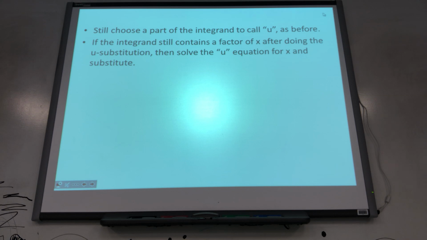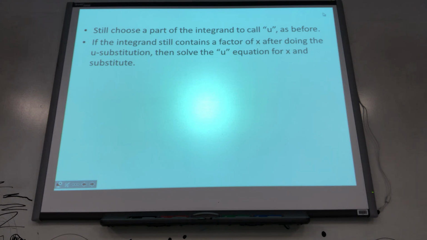It says if the integrand still contains a factor of x after doing the U substitution, then solve the U equation for x.